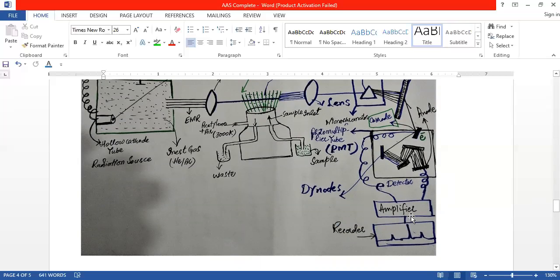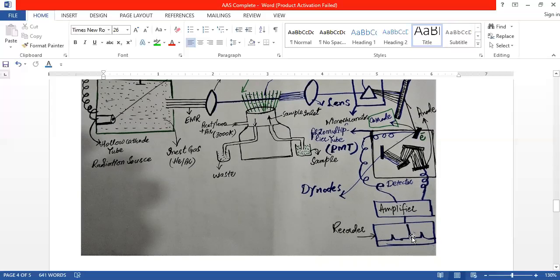This is the amplifier. Then from the detector, the signal will go through anode and cathode towards the amplifier, and the amplifier will amplify the signals, and then again it goes to the recorder.